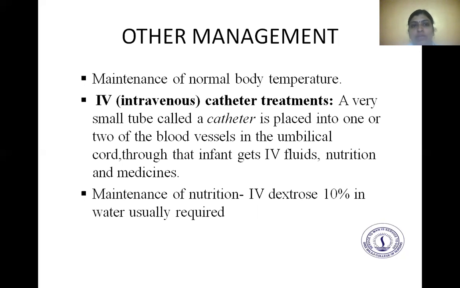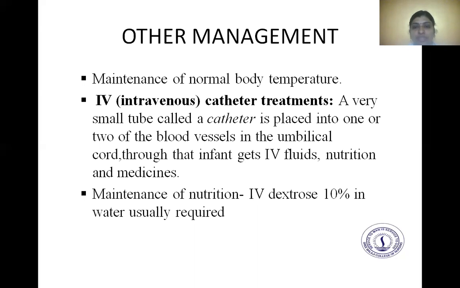Apart from this, we have to maintain the child's normal body temperature, and also give proper nutrition to the child. Intravenous catheter treatments: a very small tube called a catheter is placed into one or two of the blood vessels in the umbilical cord.